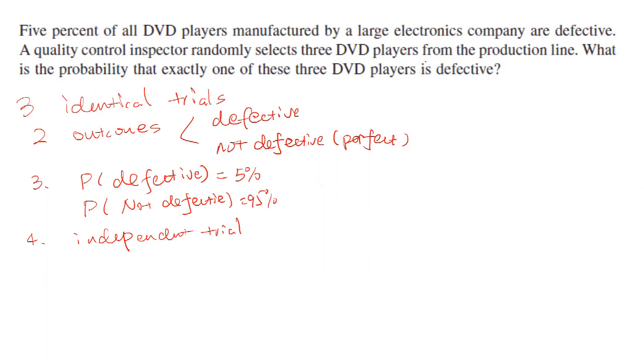And here, it asks you the probability of exactly one of these 3 DVD players being defective. So here we should use a letter to denote the random variable, right?